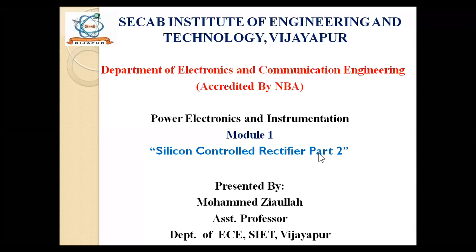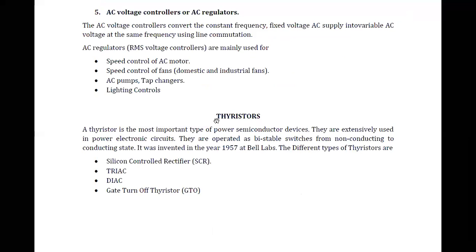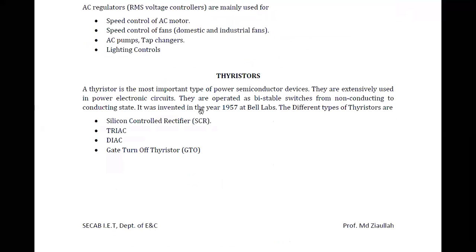Today we will be dealing with how power electronic circuits benefit us, in detail. These power electronic circuits come in the family of the thyristors, and in the family of thyristors we come across four different types.